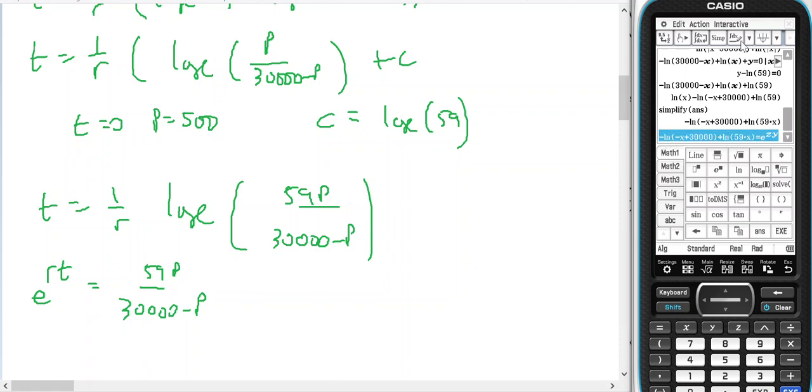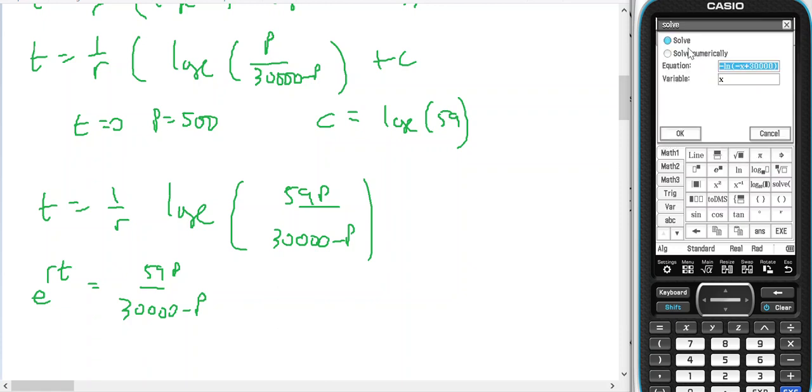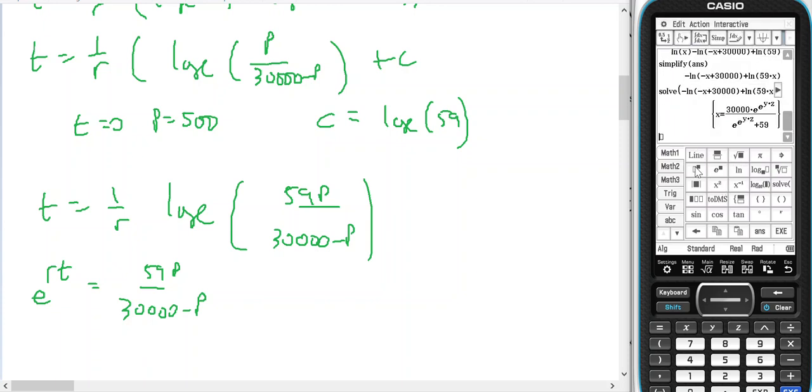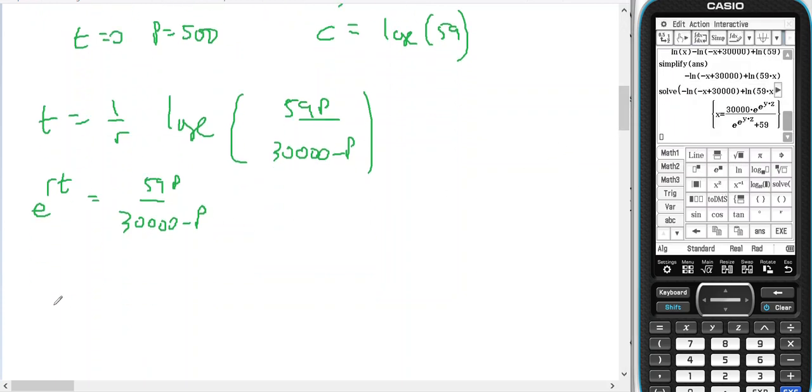So x is my P, so interactive advanced solve for x. So there we have P equals 30,000 e to the RT over e to the RT plus 59.